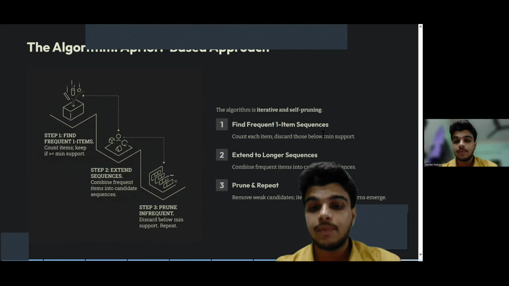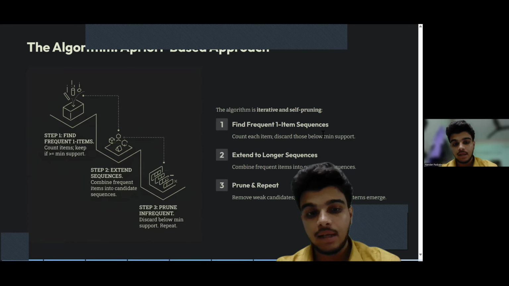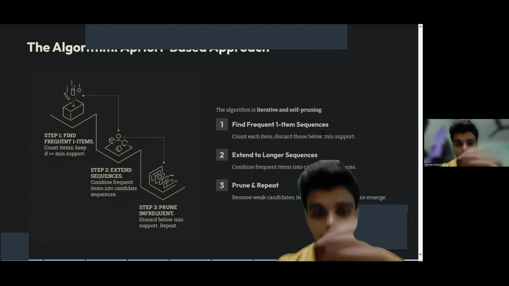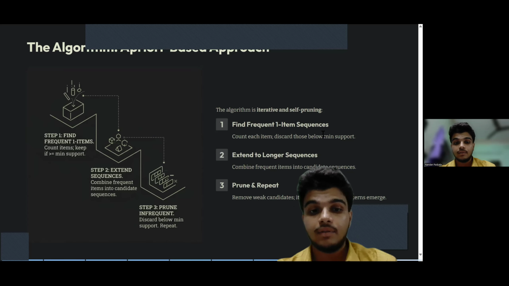The third step is prune and repeat. It's nothing but removing weak candidates and iterating until no new patterns emerge. So these are the three steps of the Apriori-based algorithm. Step one is to find frequent one-items. Step two is to extend sequences, and step three is pruning and repetition.